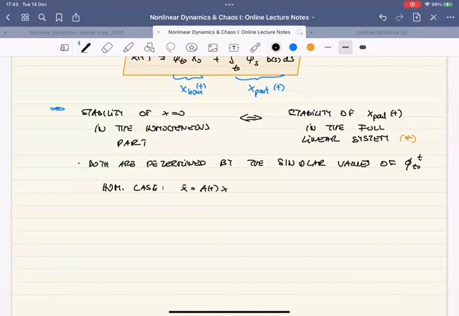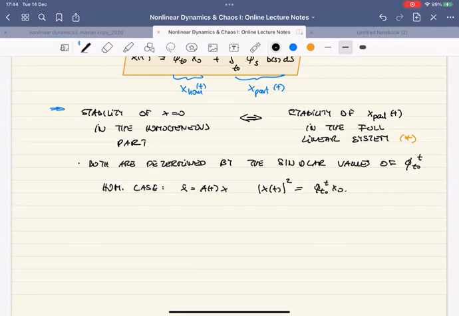Right, and what you're interested in is the norm of X of T, or equivalently the norm squared. What does it do? Does it go to 0? Does it grow? And again, we've done estimates like this, but you don't even have to do the estimates now. Just use the fact that the solution is governed by the fundamental matrix solution.